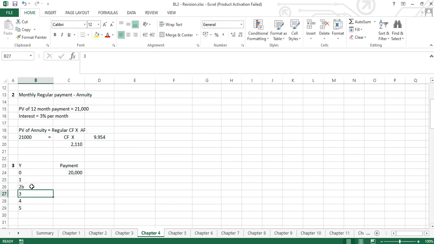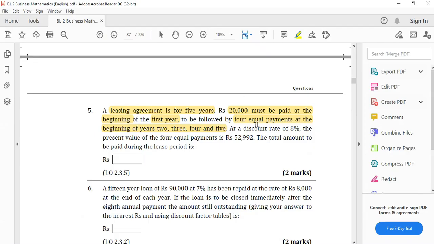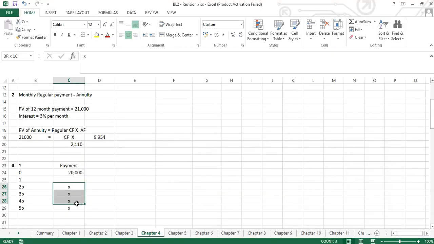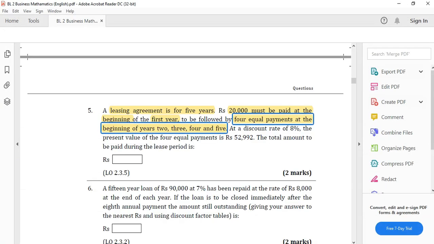So basically second year beginning, third year beginning, fourth year beginning and the fifth year beginning, you will be paying something. They did not mention what the amount is, but they are equal. That's why I wrote X for all the years. If not, it would be X, Y, Z and so forth. But since it's an equal payment, it can be represented by a single letter.